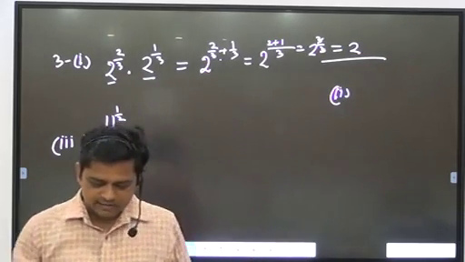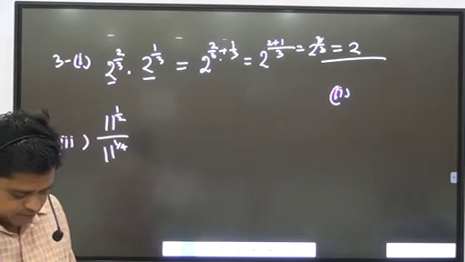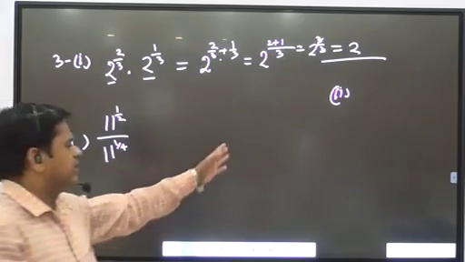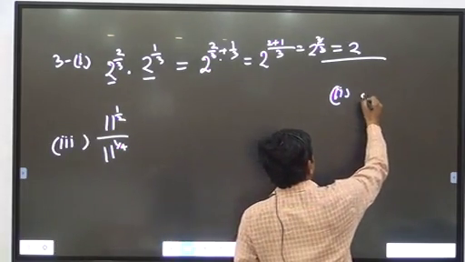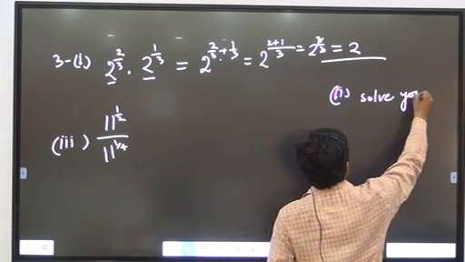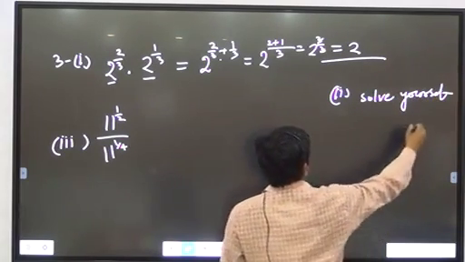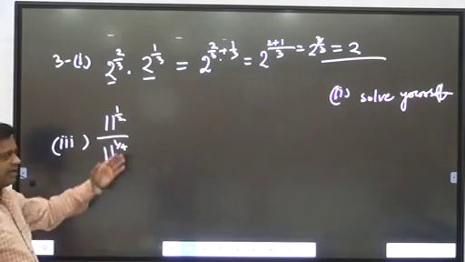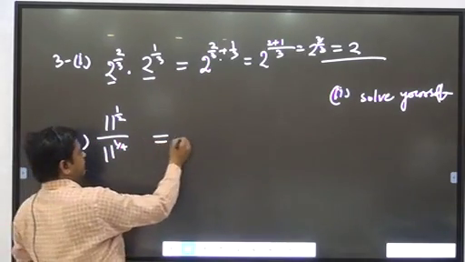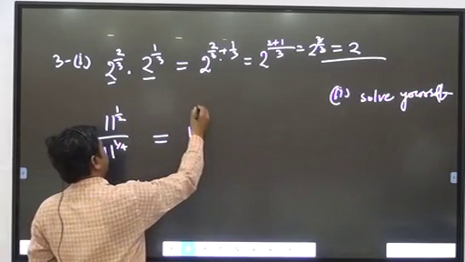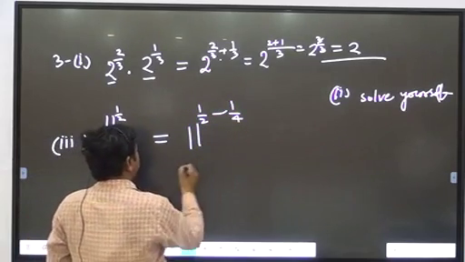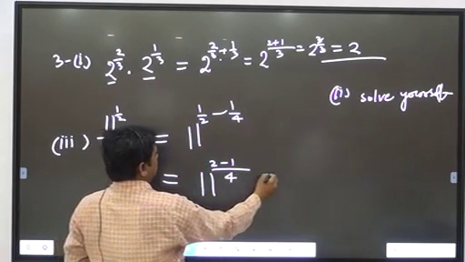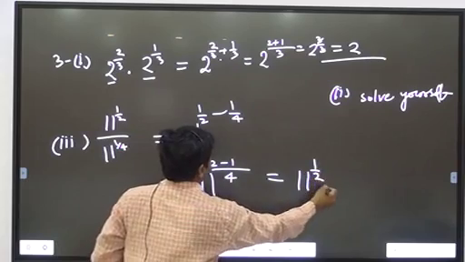The second part is similar: 1/3 of 3, whole to the power 7. The whole power multiplies with the remaining power, and finally I know you should solve it yourself. In the third part, the bases are the same and the exponents are different, so it is going to be 11 to the power 1/2 minus 1/4, equal to 11 to the power 2 minus 1 over 4, which means 11 to the power 1/4.